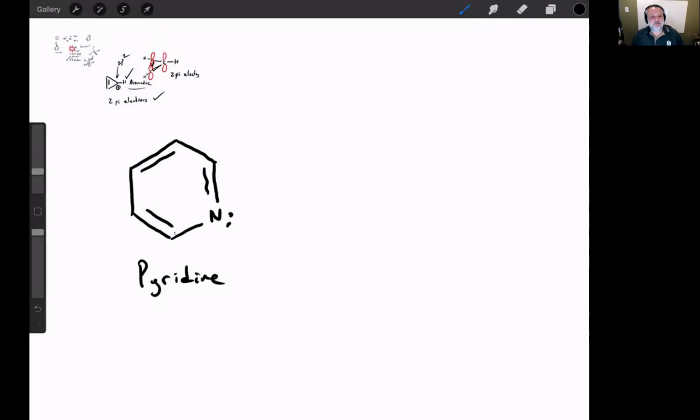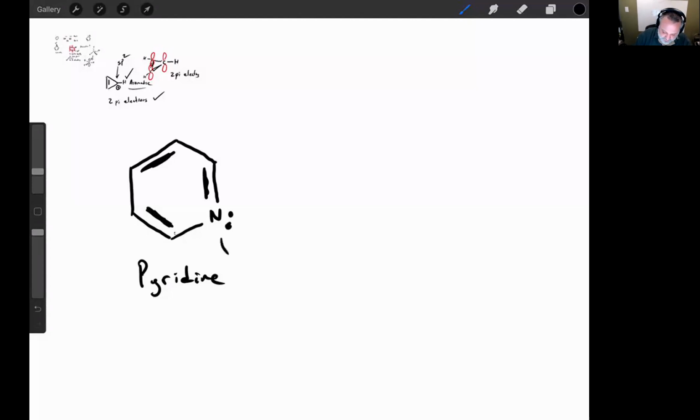Is pyridine aromatic? Yes or no? Think about this. It's got 1, 2, 3 double bonds. So it seems like it could have 6 pi electrons, but what about that one? What's going on there?